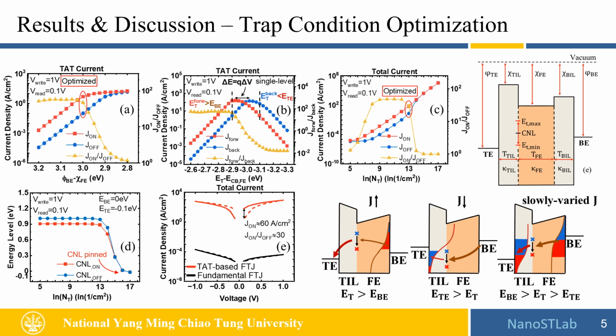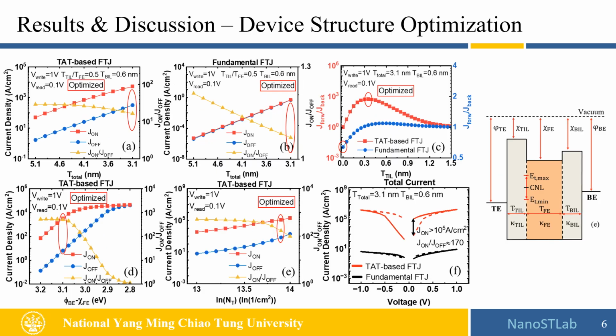Okay, so based on the trap condition optimization, we further do the device structure optimization. In figures A and B, we do the thickness scaling for the TAT-based FTJ and fundamental FTJ, and you can see that the on-current density can be increased while the on/off ratio would degrade.